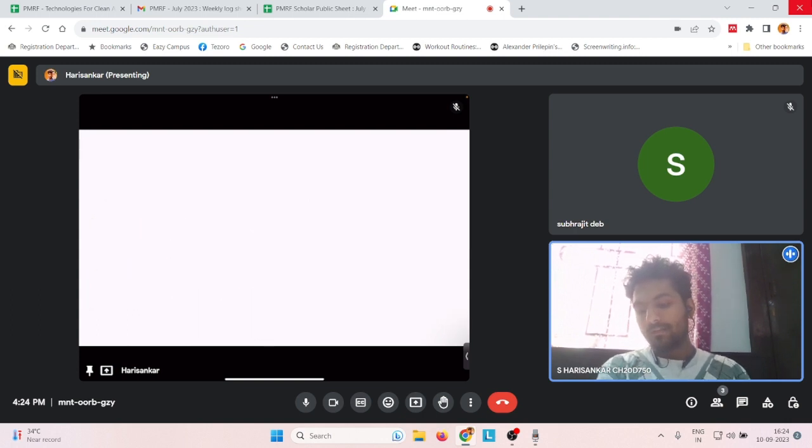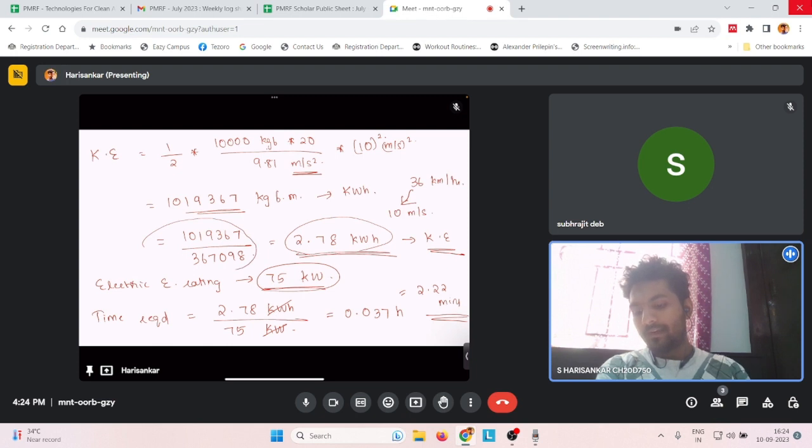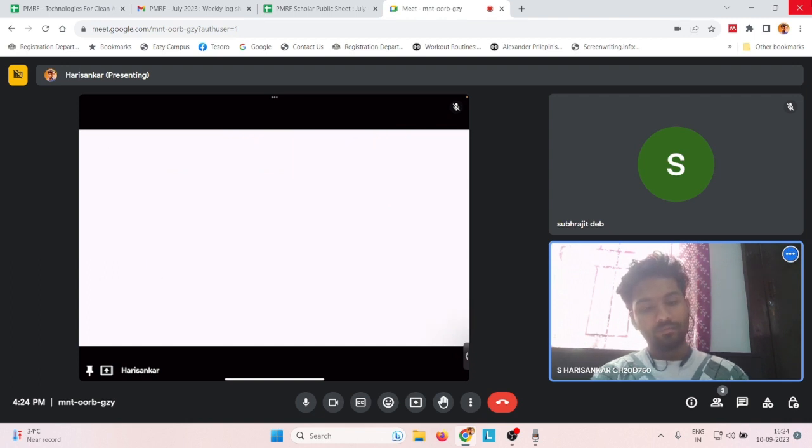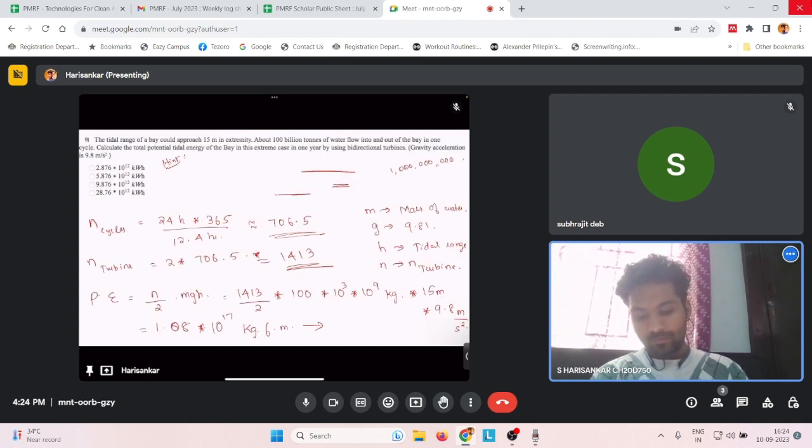We have to convert this kilogram force meter into kilowatt hour. We learned how to do that here. We just have to divide what we get by 367098.